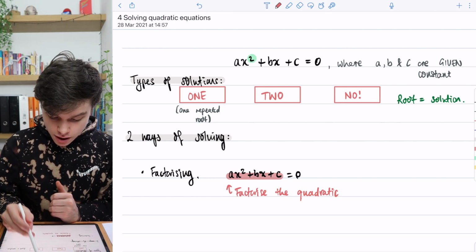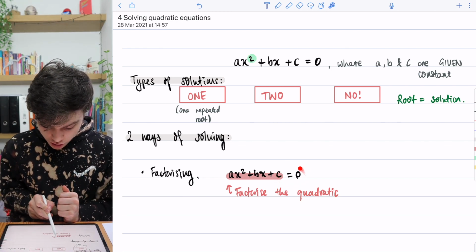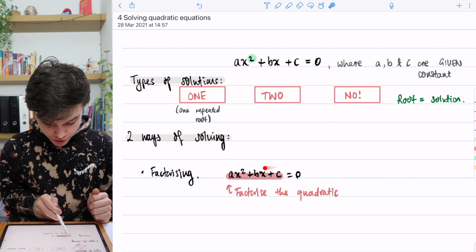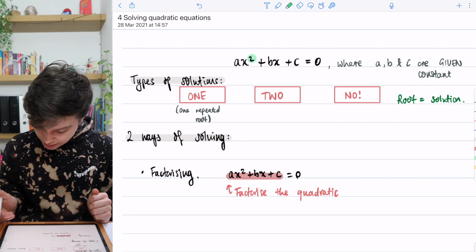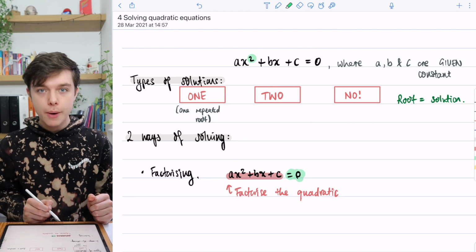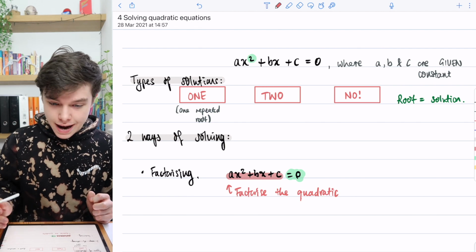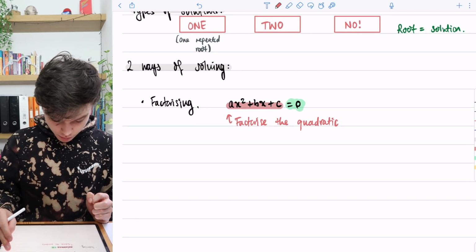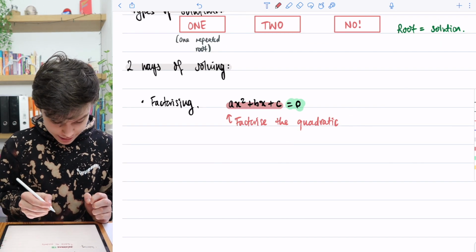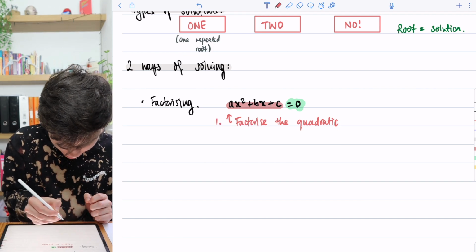Before we factorise though, just note we want to make sure it is equal to 0. So we've got this quadratic, and I'm going to highlight that in green, got to be equal to 0 on the right hand side. Okay, so we want to factorise, and then we will end up with two brackets. That's kind of like part 1.